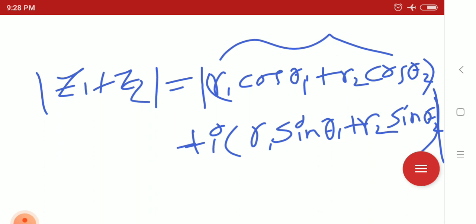Here it is the real part and here it is the imaginary part.